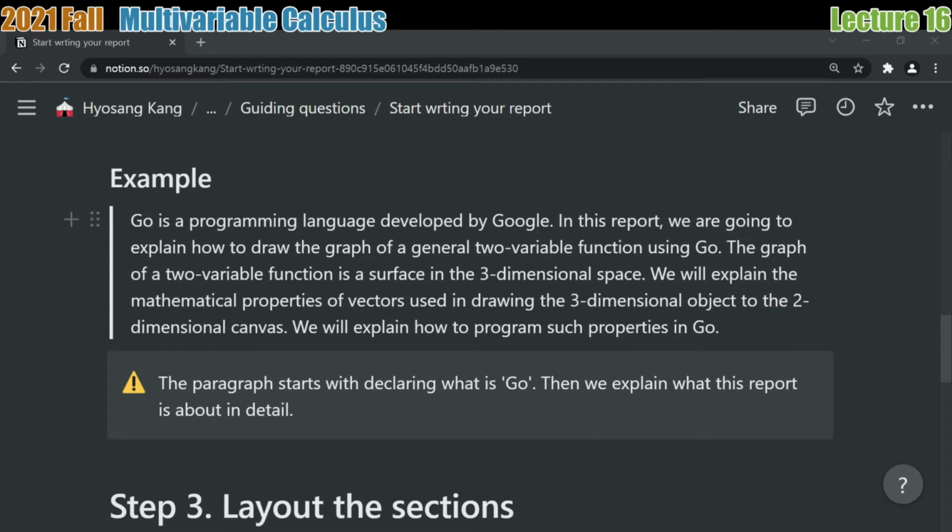And the last one is we will explain how to program such properties in Go. So I finish my introduction by specifically saying that I'm not just vaguely explaining how to draw. I'm going to specifically give you the code, or explain the code, that draws the graph of two-variable function in Go programming.